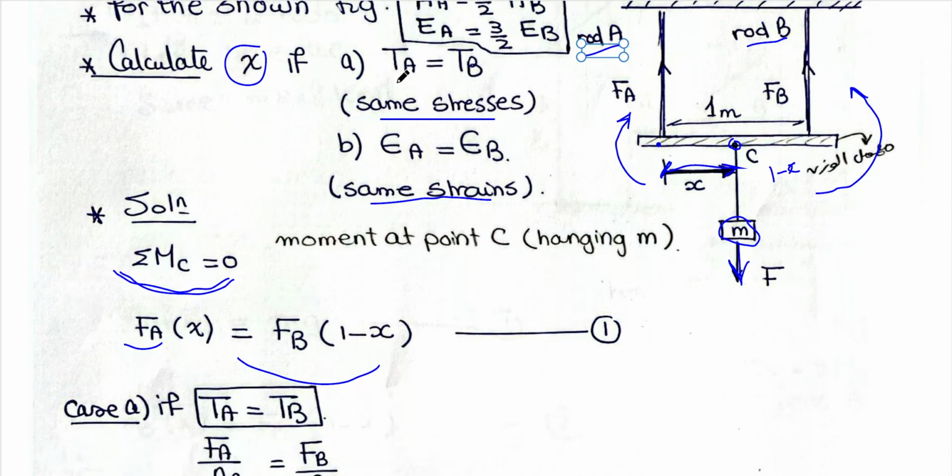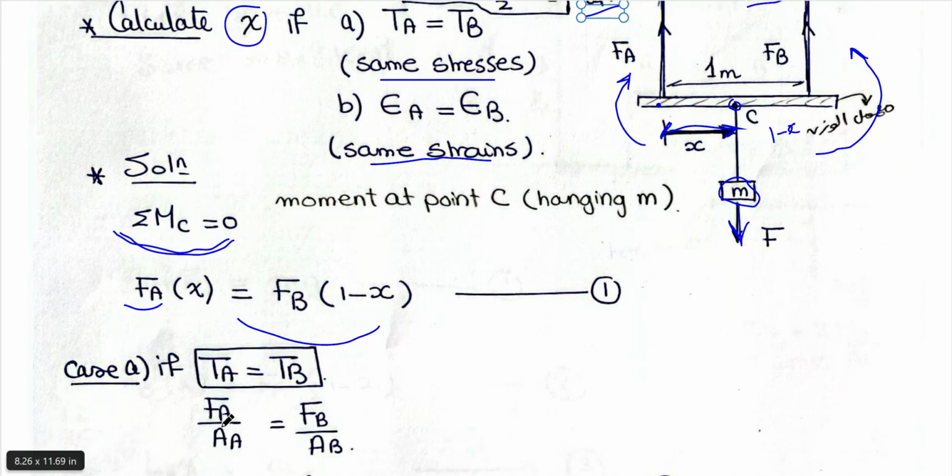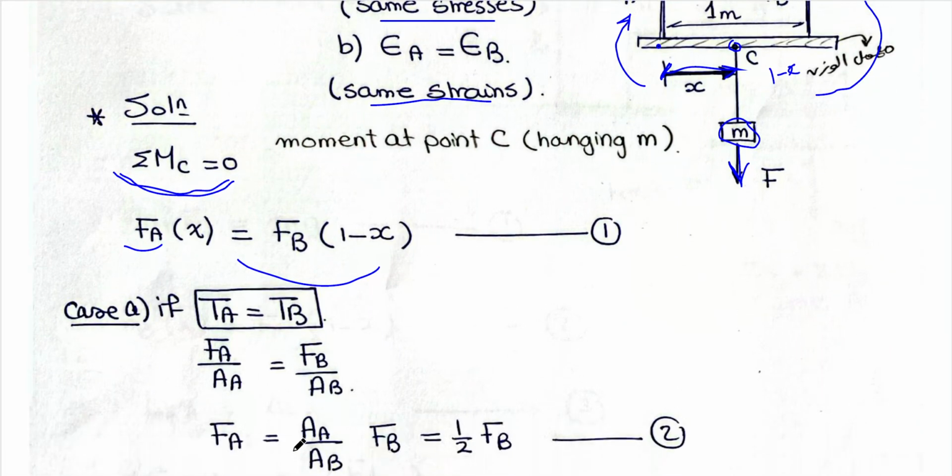In case A, the condition given is same stresses. Same stresses means stress at A equals stress at B. Stress at A is force over area, equal to force over area for the other rod.